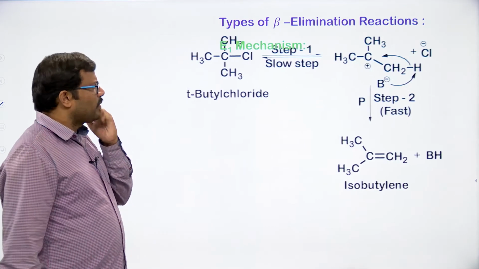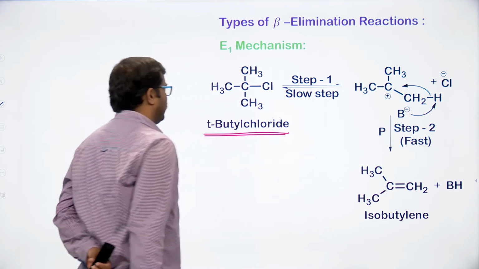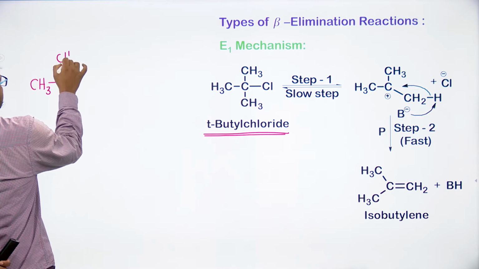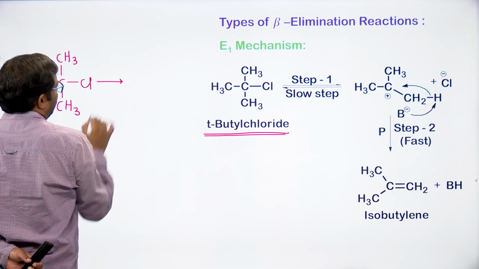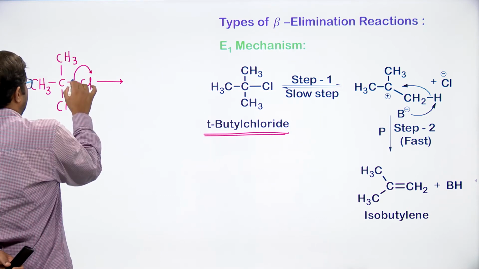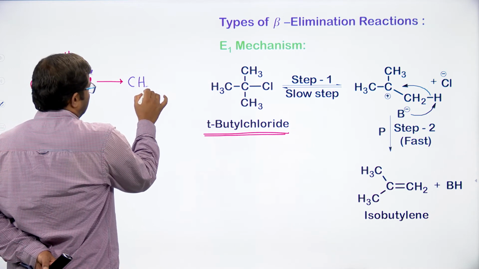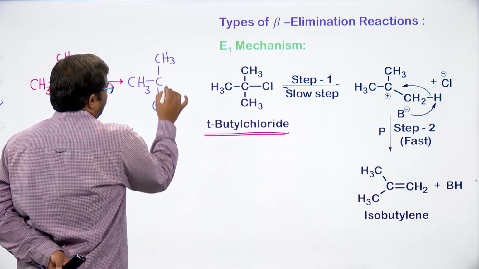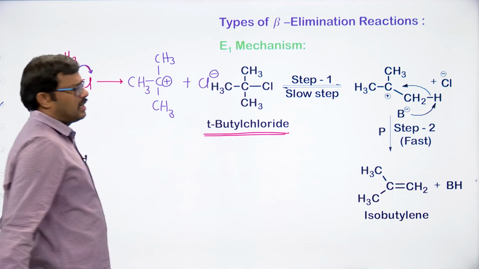Why is it so? For example, take tertiary butyl chloride as an example. So, what is happening here? I will write again CH3, CH3, CH3, Cl. In the first step, the heterolytic cleavage of the bond takes place, and thereby what we get is CH3, CH3, CH3 with a positive charge on the carbon atom, plus Cl going out in the form of a negatively charged chloride ion.